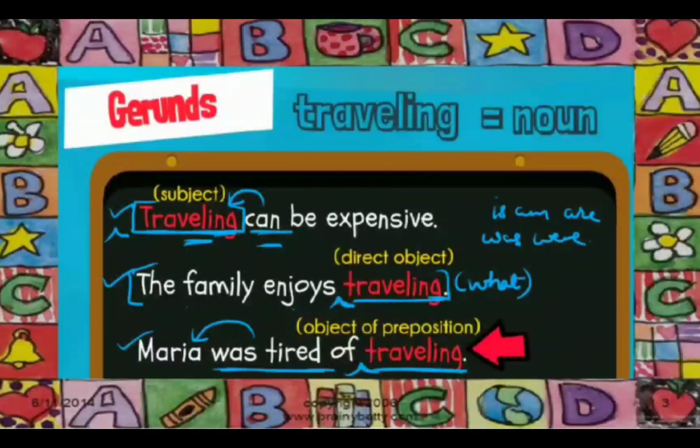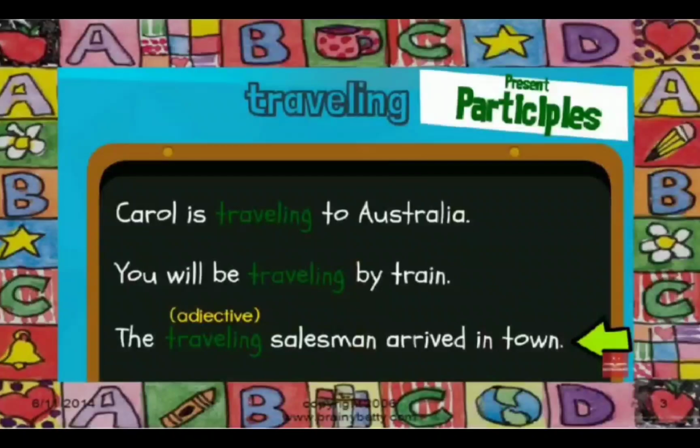Carol is traveling to Australia. Is traveling. If you have a helping verb before the ing word, then it is considered a verb. Otherwise, this wouldn't have been considered a verb. You will be traveling.